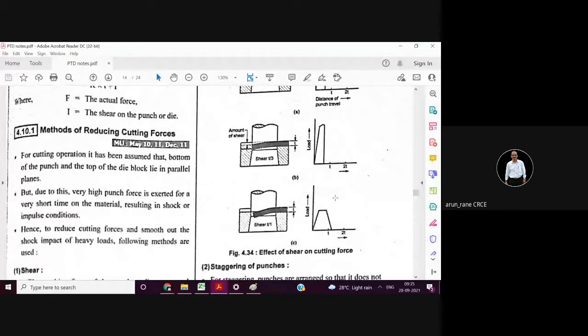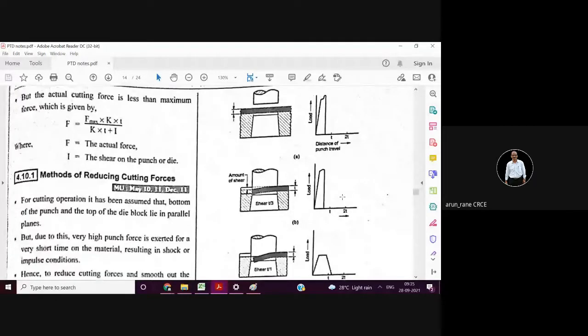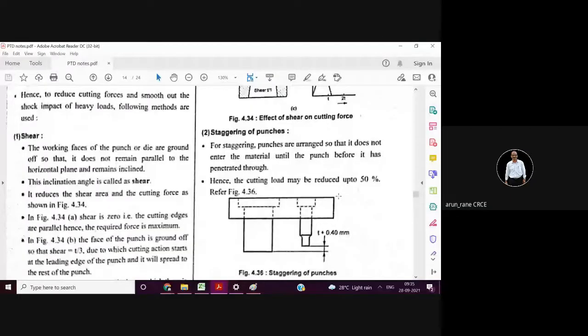So the load will be progressive. So instead of giving the jerk at a time, you are giving the jerk slowly. It is something like suppose you have a labourer, and if you put the entire 20 kilos on his head, he will fall down. So we put a little at a time, 5 kilos, 5 kilos, 5 kilos, 5 kilos.